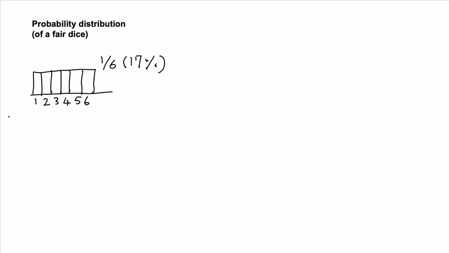Now, what I'll do is I'll start taking samples, and let's say the sample size is 4. Basically, I'm going to roll the dice 4 times and see what numbers I'll get. And for the first sample, sample number 1, let's say I get a 1, a 3, a 4, and a 5.